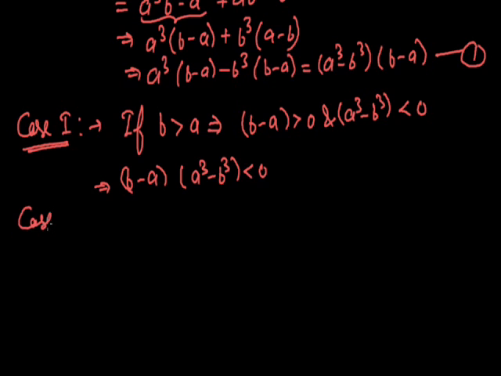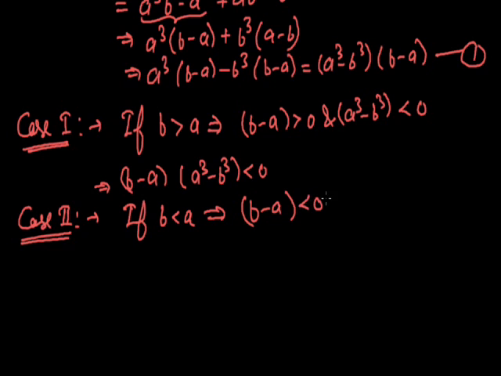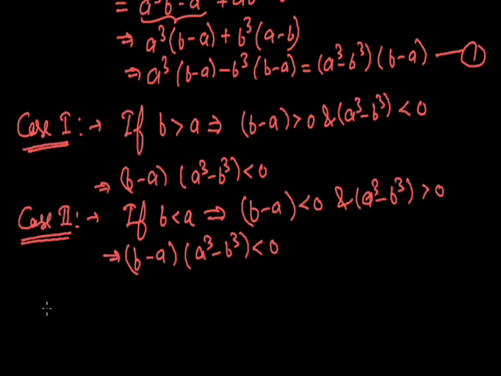Now let us have a second case, that is if B is less than A. Then B minus A will be less than 0, a negative quantity, and A cube minus B cube will be a positive quantity, and the product of both these quantities will again be negative. So in each case we can say that.